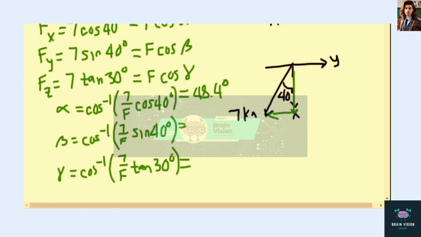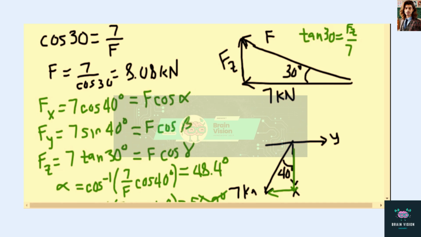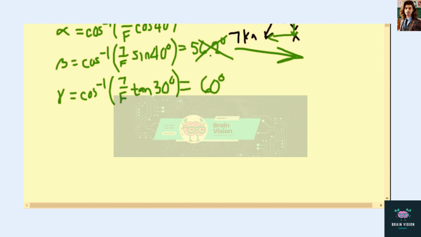Now we'll put in the sine. Sine 40 gives me 56.2 degrees. And 7 over F tan 30 gives 60 degrees.